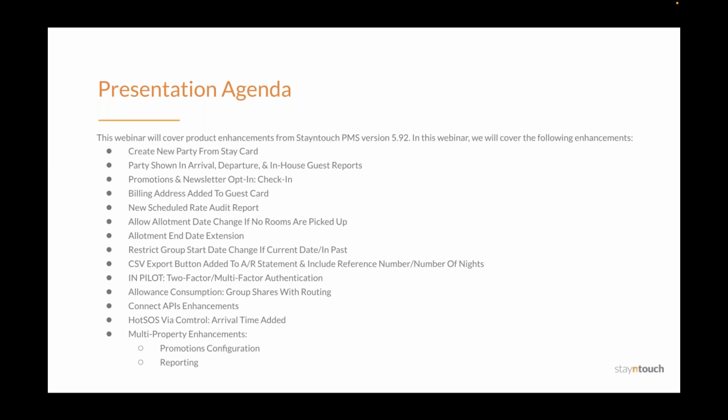In this webinar, we will cover the following enhancements: create new party from stay card, party shown in the arrival, departure, and in-house guest reports, promotions and newsletter opt-in for check-in, billing address added to guest card, new scheduled rate audit report, allow allotment date change if no rooms are picked up, allotment end date extension, restrict group start date change if the current date is in the past, or if it's the current date or in the past, excuse me. CSV export button added to the AR statement and include reference number or number of nights.